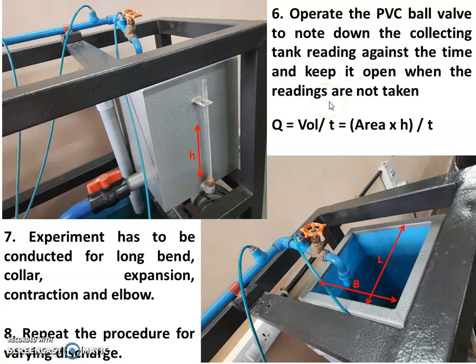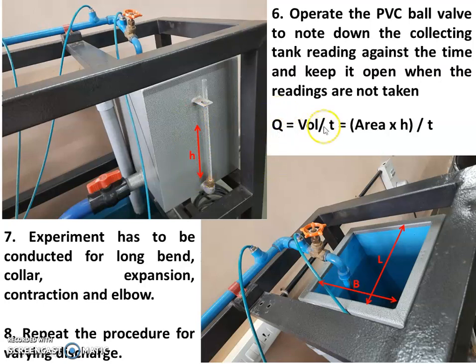Next, we need to note down the discharge. To note down the discharge, there is a collecting tank which we can see here. This is the top view of the collecting tank, in which the breadth and length of the tank will be given as the observation. So, we know the area, that is B into L, and in order to find the volume, we have to find the height of collection of water.